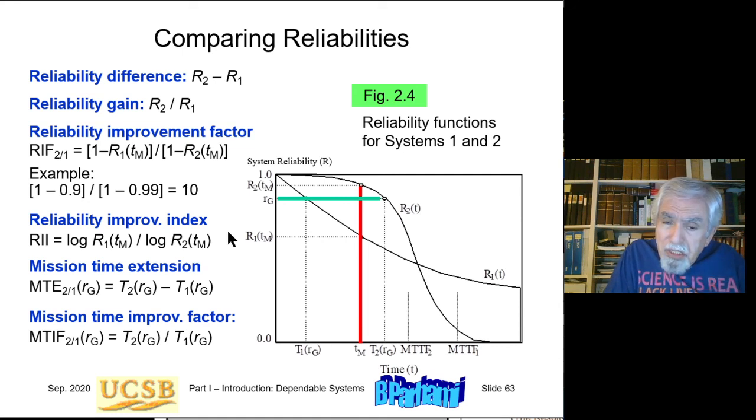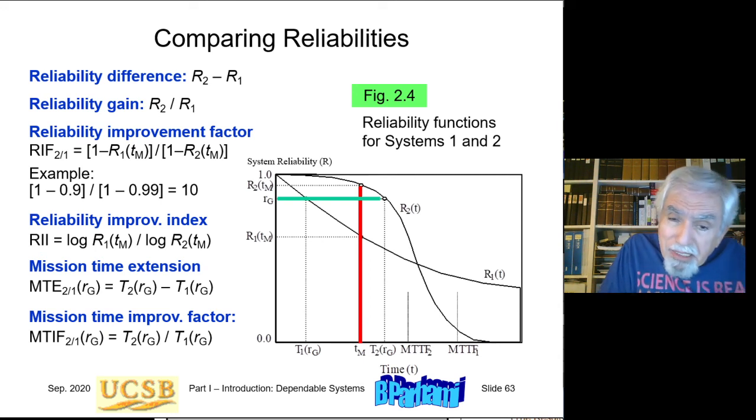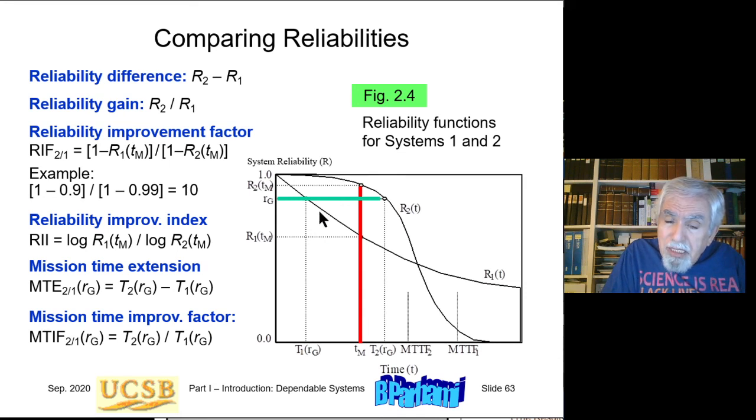We tend to use computer systems, or any system for that matter, only in the parts of this curve where reliability is high. So this system, we probably use it for very short periods of time in this region, where reliability is close to 1, but not beyond that.